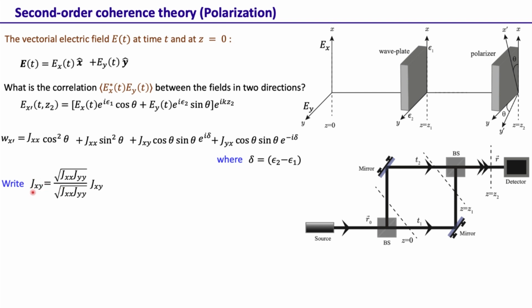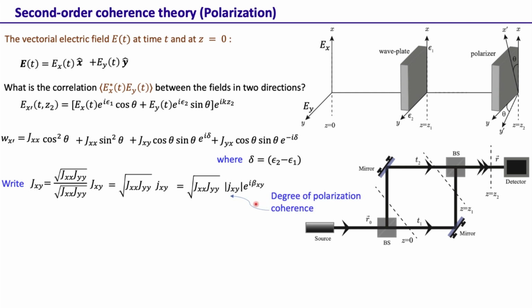We write this Jxy, just multiply this up and down with the square root of Jxx Jyy, so that the square root of Jxx Jyy stays here, and this Jxy divided by that, we are writing as small jxy. That's the normalized Jxy. This small jxy we can write as mod of jxy times e to the I beta xy. Now this quantity we call the degree of polarization coherence. So that's the modulus, the absolute value, the degree of polarization coherence, and that's the complex part.